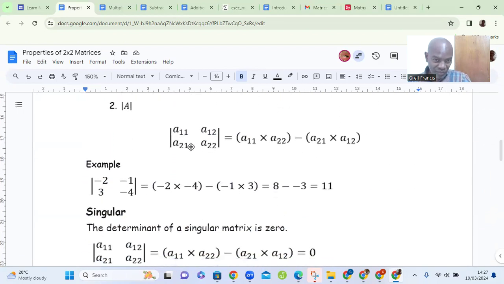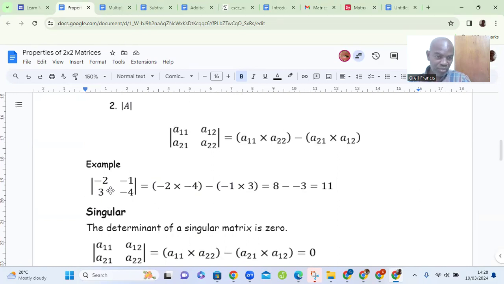So the determinant of this matrix is A11 times A22 minus, always minus, that's the leading diagonal product, minus the product of the non-leading, A21 times A12.